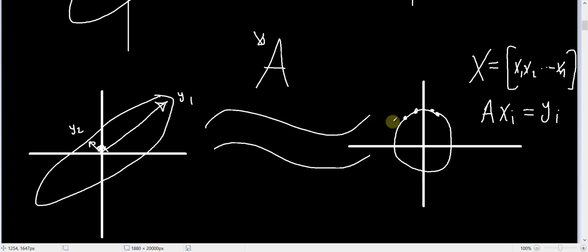So actually, x1 might be in this direction, and this might be, let's say, x2. In fact, we can't even say that those two vectors will be perpendicular to each other without proof.